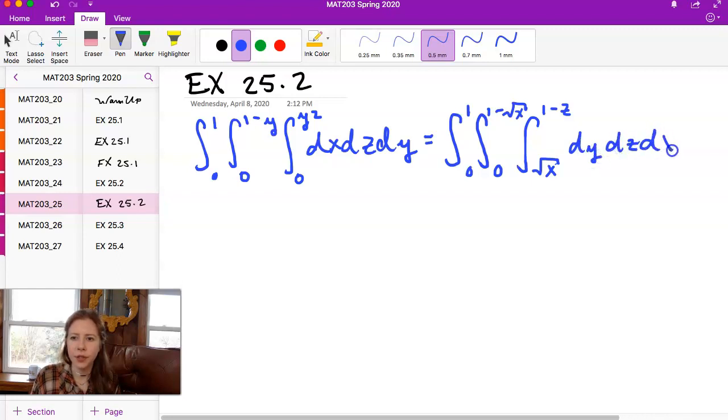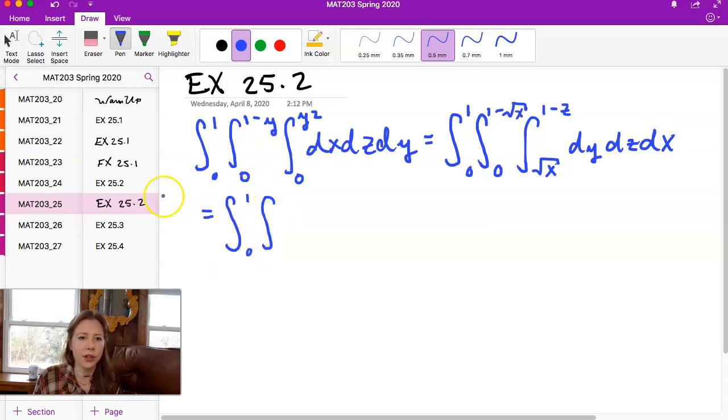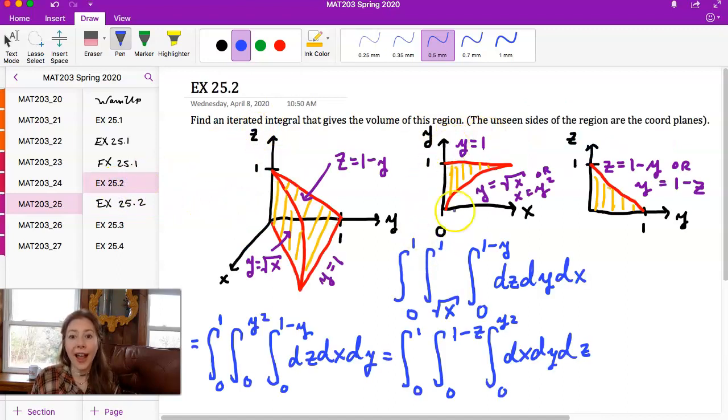And now we have 1 more to do, so let's put z on the outside, and that is going to be from 0 to 1. And now let's do x, and x has to be defined in terms of z. So for x, our lower limit is going to be 0, and our upper limit for x is going to be equal to y squared. And remember, y is equal to 1 minus z, so the upper limit for x is going to be 1 minus z squared.